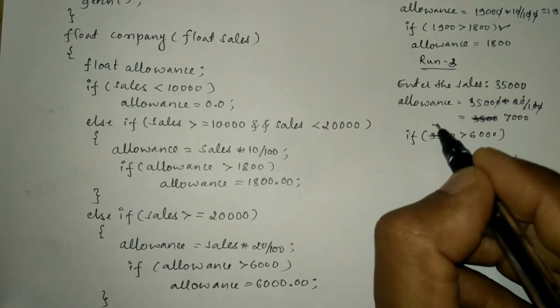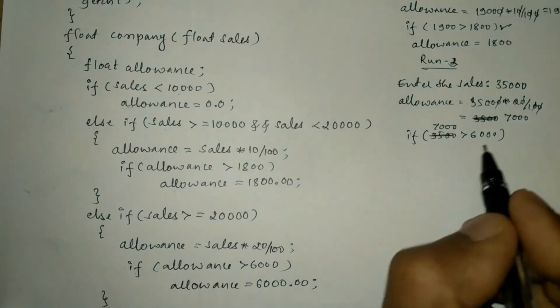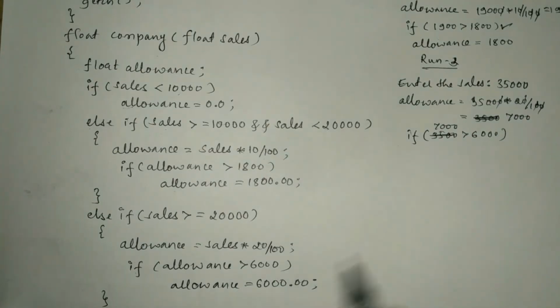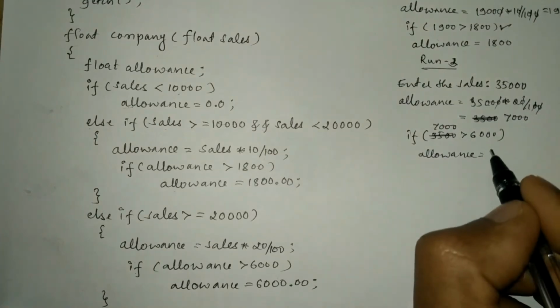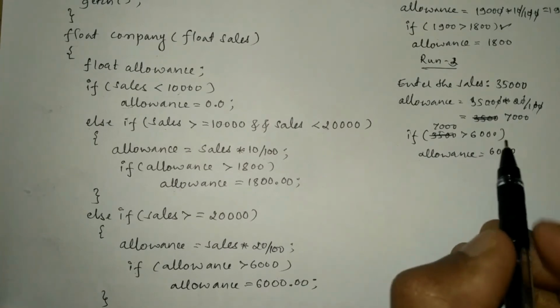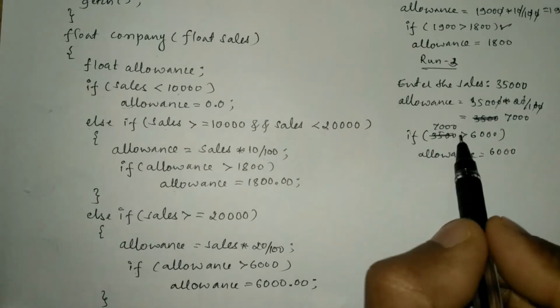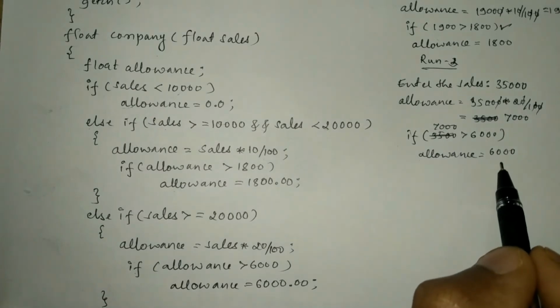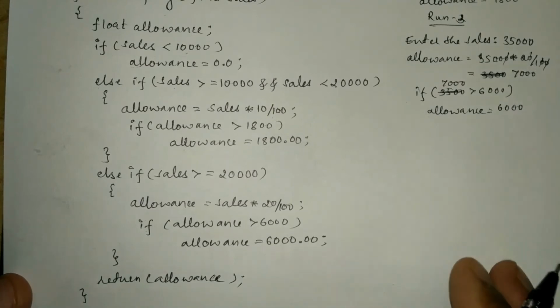So here we'll write 7,000 is greater than 6,000. Yes, it is true. Once it is true, then allowance should be reset to 6,000 because whichever is minimum we have to receive that one. So that's the reason allowance 7,000 will not be given. Here 6,000 will be returned by this return statement.